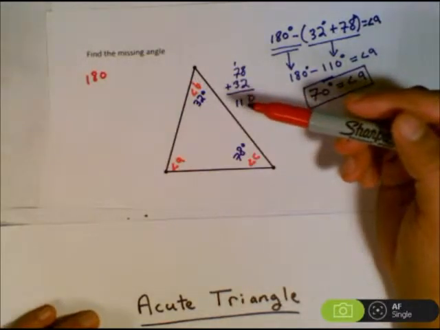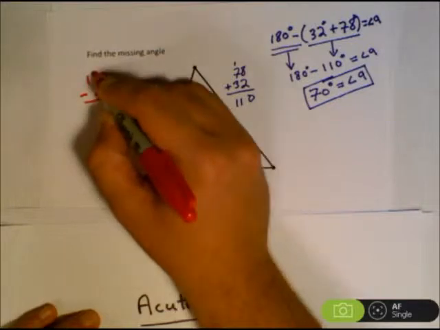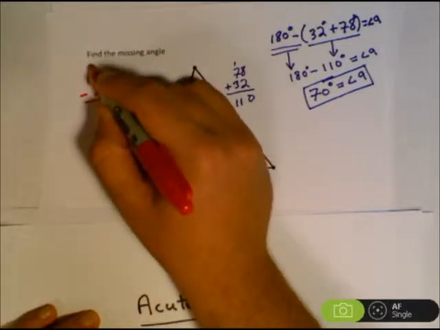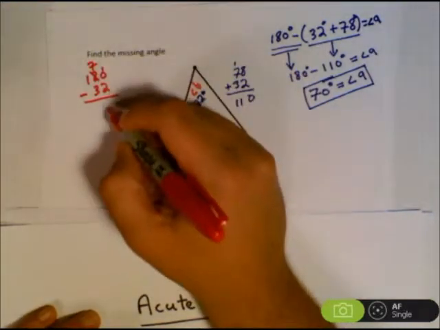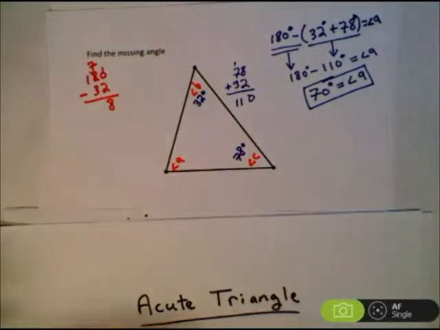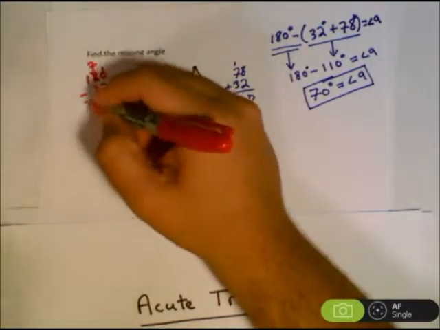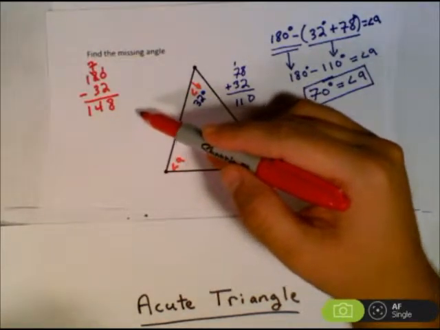How much do I have left? We can't take away 2 from 0, so we have to borrow. It's going to make it a 7, and that's going to make it a 10. 10 minus 2 is 8. 7 minus 3 is 4. And we bring down the 1. So I have $148 left.